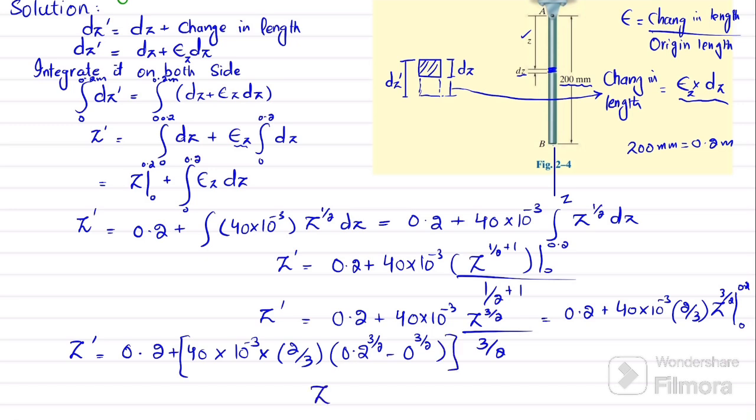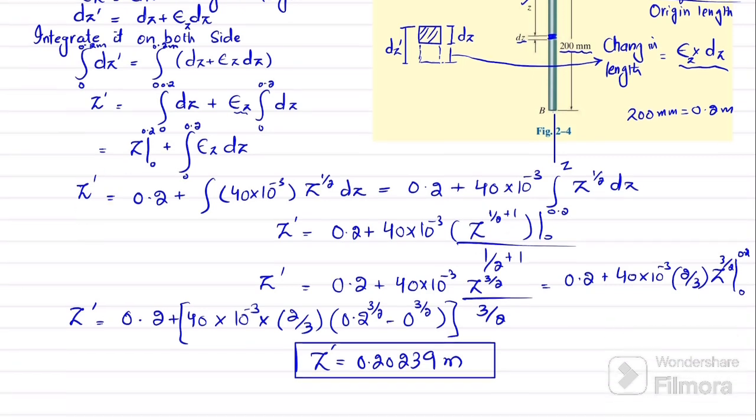And when you calculate it by using your calculator, you will find z dash will be equal to 0.20239 meter. So this will be the new length of this total rod when subjected to increase in temperature.